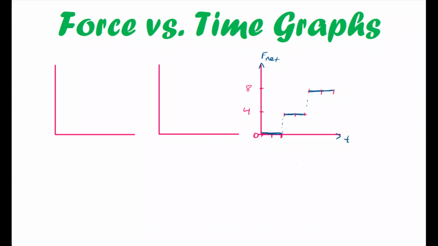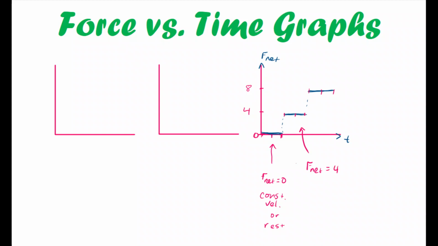Okay, so let's just think about from a free body diagram perspective, or balanced forces, what's happening for each segment. For this segment, the net force is clearly 0, which means the object's at a constant velocity or it's at rest, either one, depending on the context of the problem.